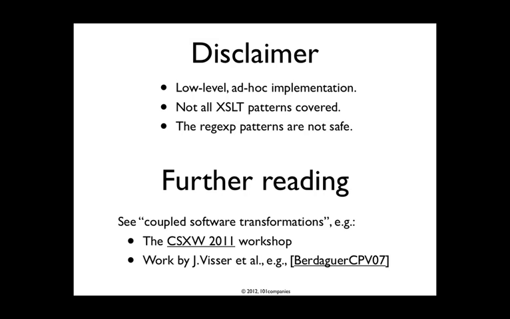If you want to know more about coupled software transformations, one thing I want to point you to is the coupled software transformations workshop 2011 that we did at JITC last year, or also just to have a data point on some research results, there's nice work by Joost Visser and others doing some forms of coupled transformations in a much less ad hoc and much more high level way.